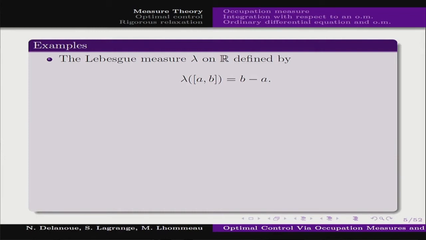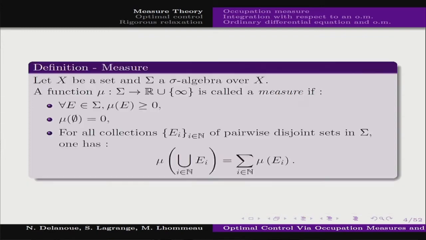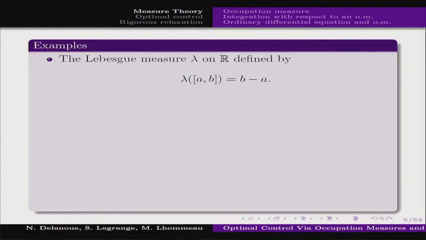For example, the measure of the interval [a,b] is equal to b minus a. So from this, if you have a more complicated subset of R^n, all you have to do is decompose this set into intervals, then add the measure on each interval. That's why I only define the Lebesgue measure for intervals.